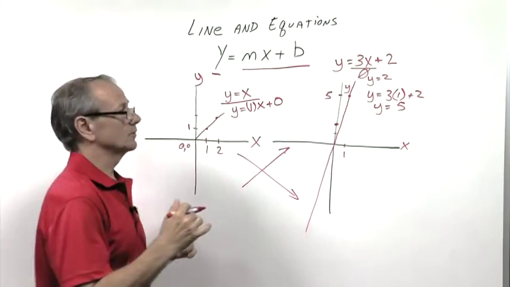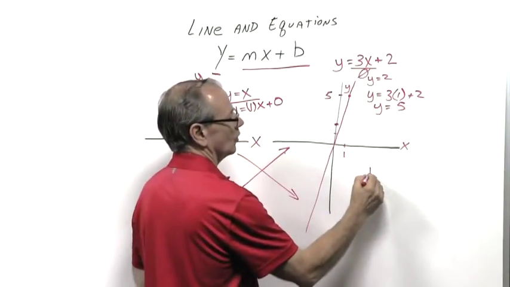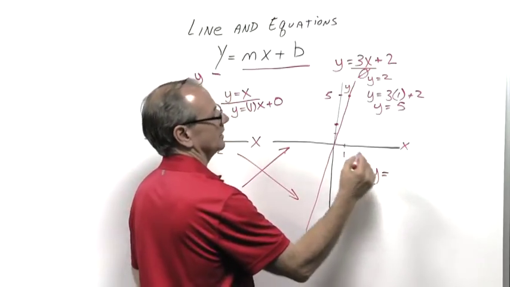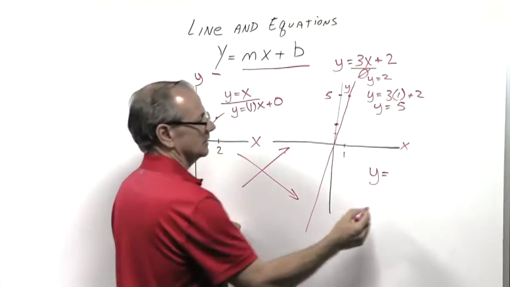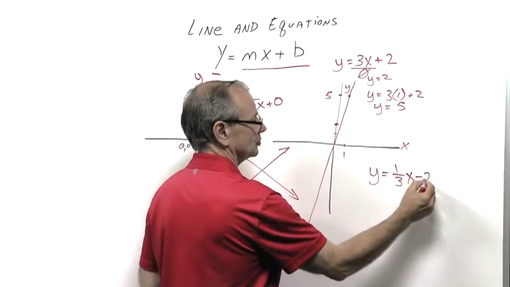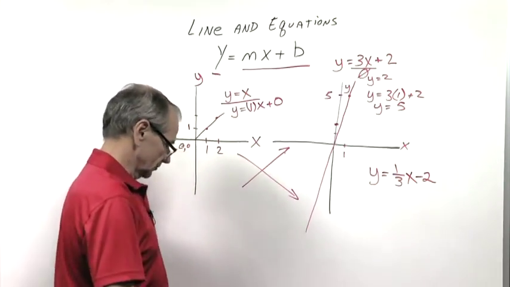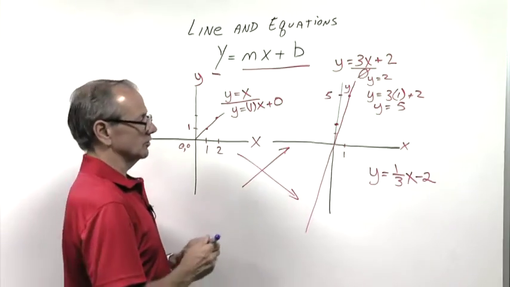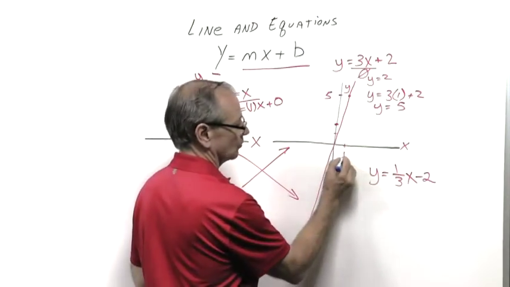If it was the other way around and I said y is equal to, in this case instead of 3x, I'm going to say 1/3 x, and we'll say minus 2. Now we'll take a look at that with a little different color. We're saying let x equal 1.